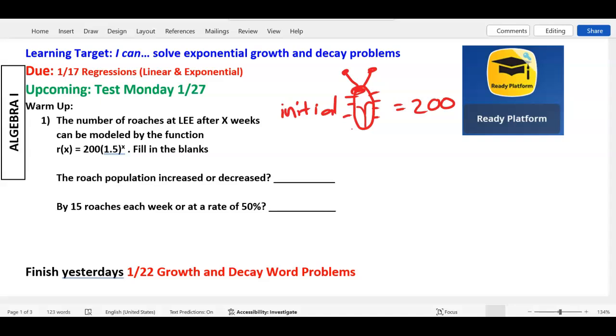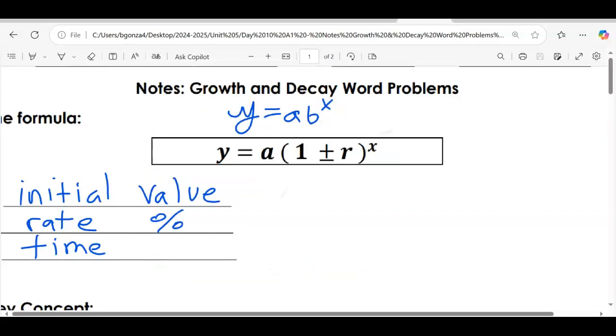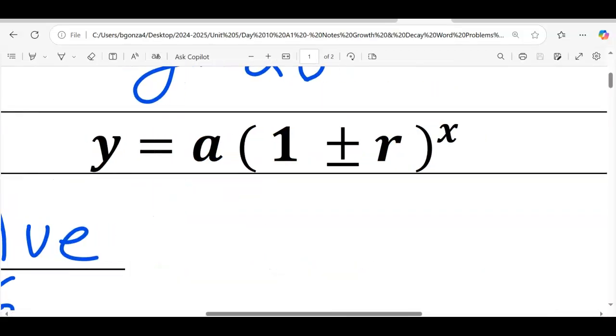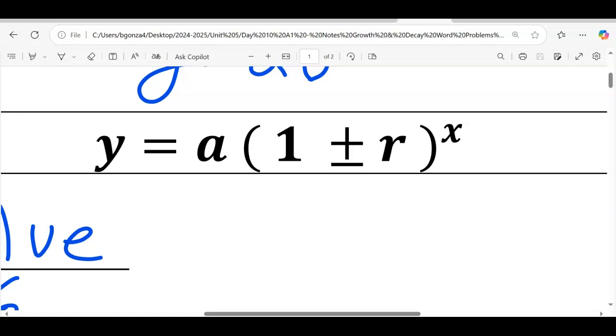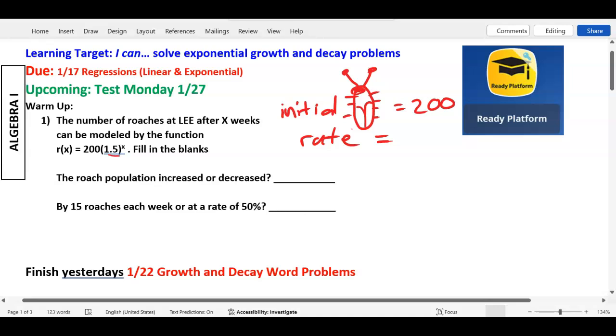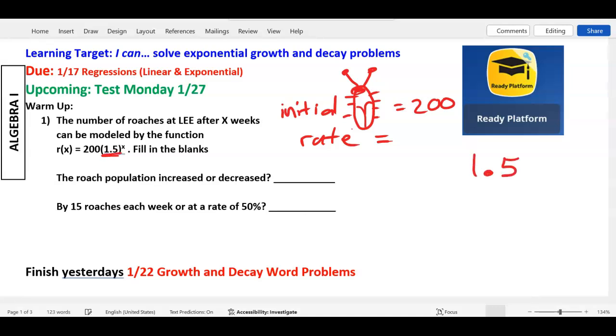And then the rate. Now, this is where it's interesting here. Do y'all remember these notes from yesterday? The rate is either adding or subtracting from 1. So you tell me, if it says 1.5, did that add or take away from 1? 1.5 is greater than 1, so they added to 1.